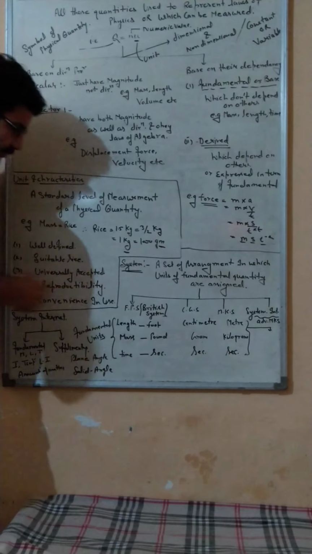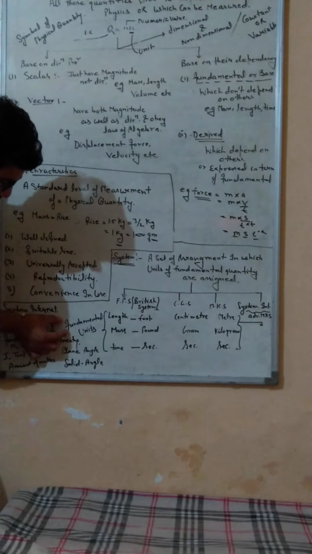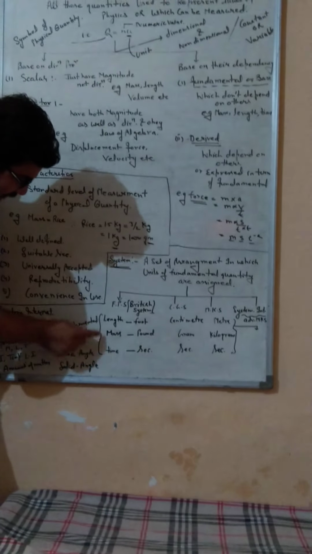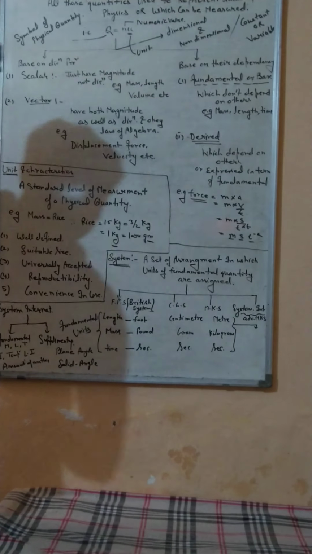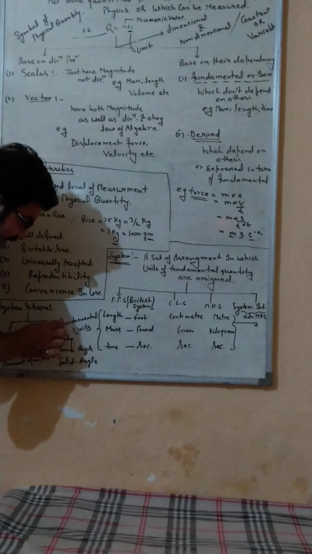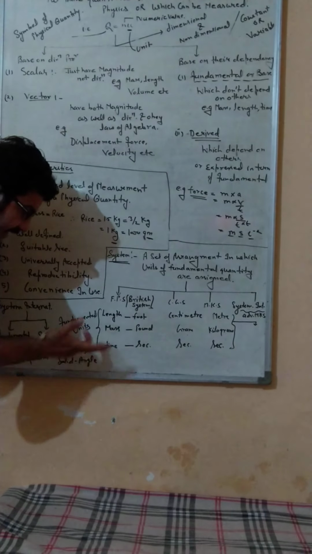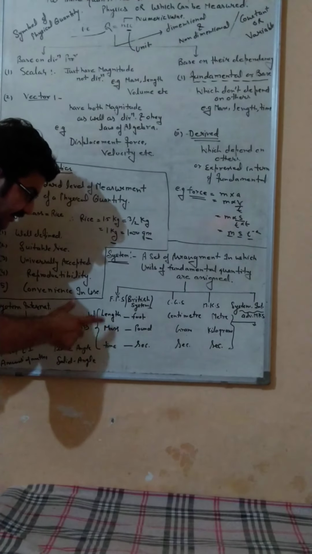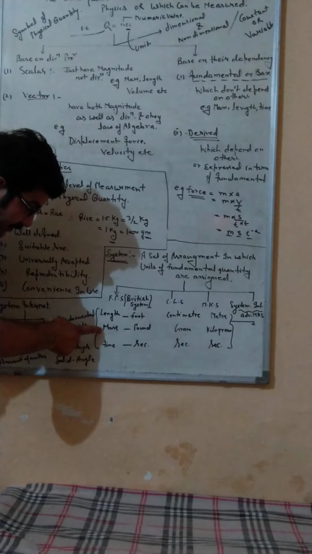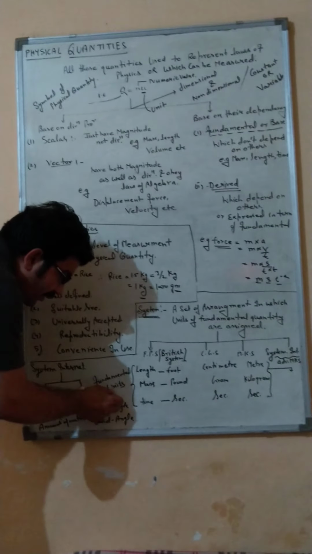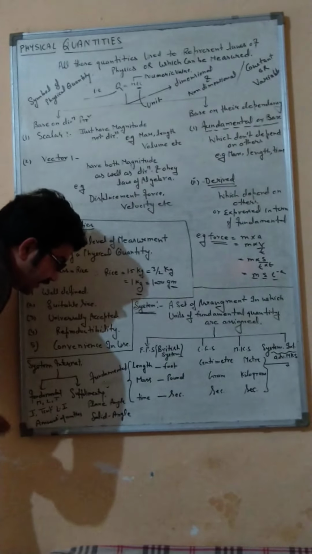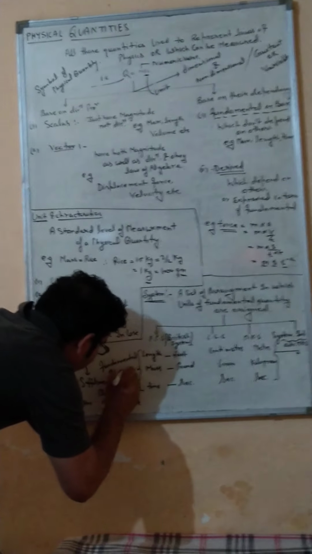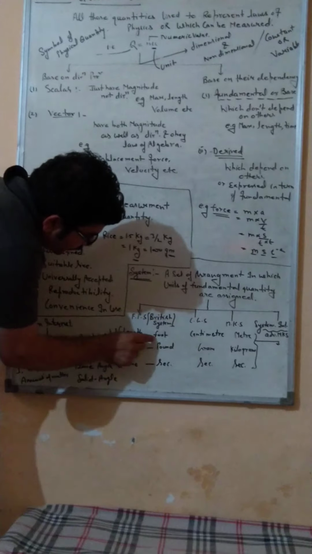Now, how do we use these systems? Let us see. There are three main fundamental quantities: length, mass, and time, but their units are different: meter, kilogram, second. Here we take the fundamental quantities and write their units. F is for foot.